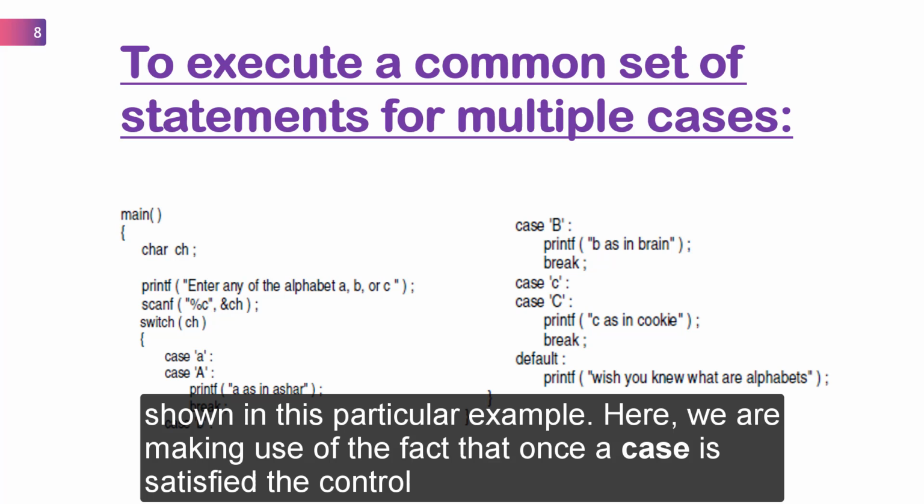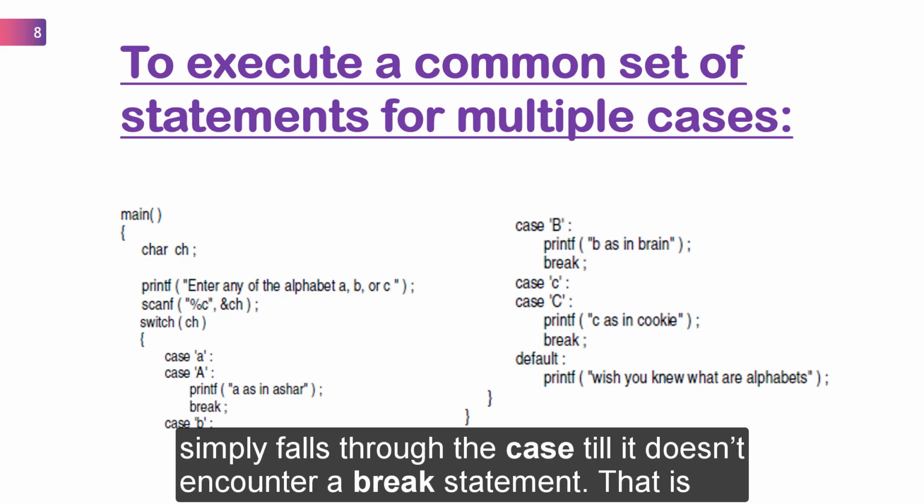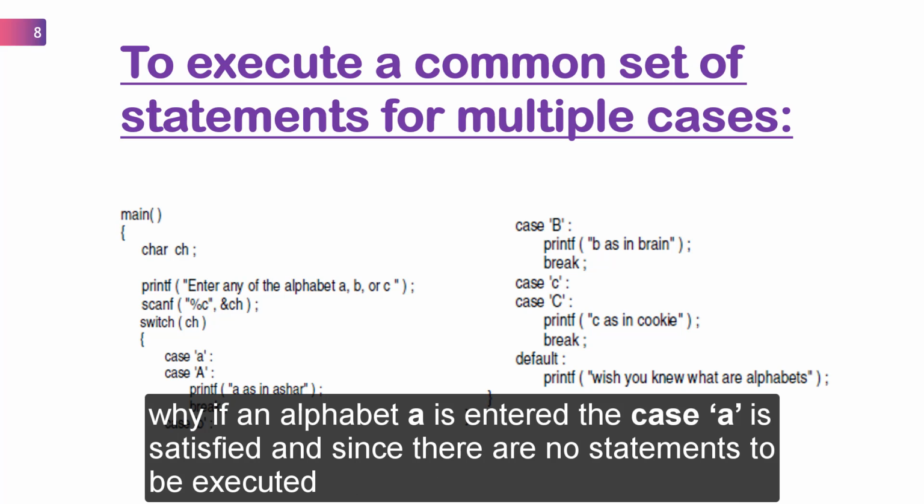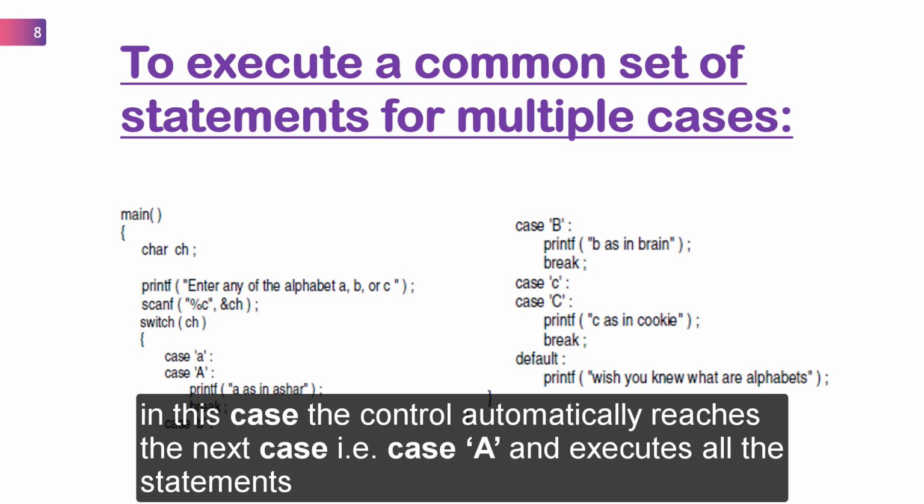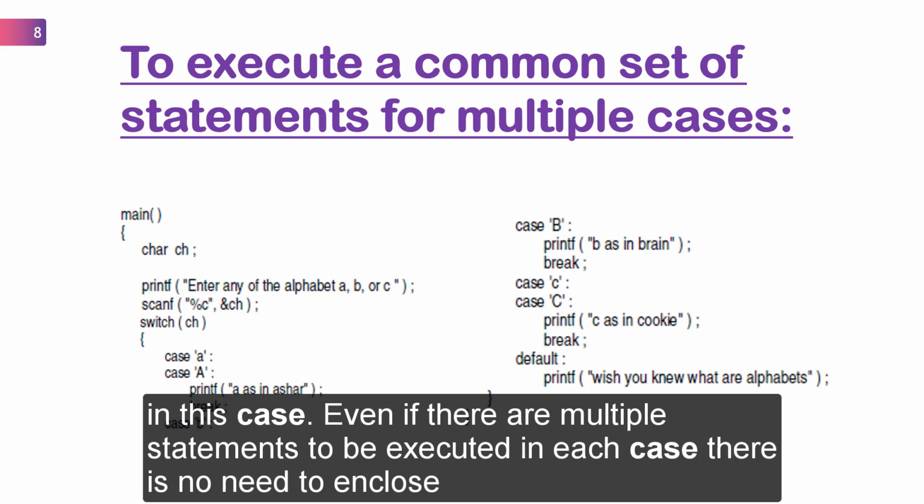Here we are making use of the fact that once a case is satisfied, the control simply falls through the cases till it doesn't encounter a break statement. That is why, if the alphabet a is entered, the case a is satisfied, and since there are no statements to be executed in this case, the control automatically reaches the next case, that is case capital A, and executes all the statements in this case.